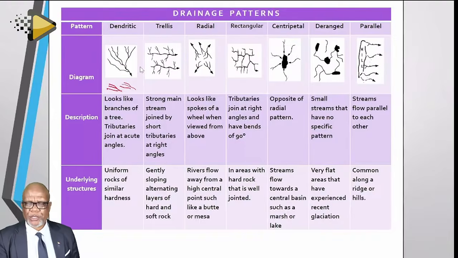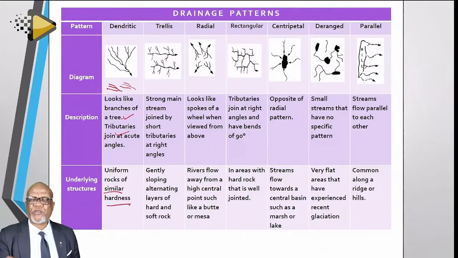And then how do we describe the dendritic pattern? You say it looks like the branches of a tree and tributaries join at an acute angle. And where is it found? Where rocks have similar hardness or similar resistance to erosion. Then you have your trellis pattern.